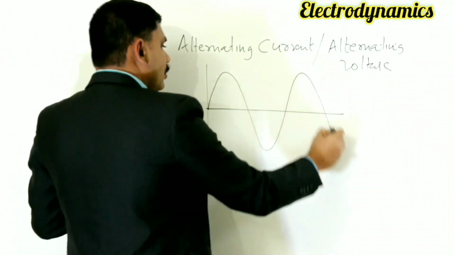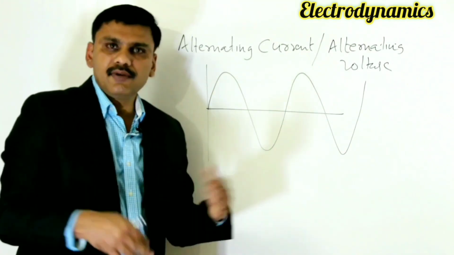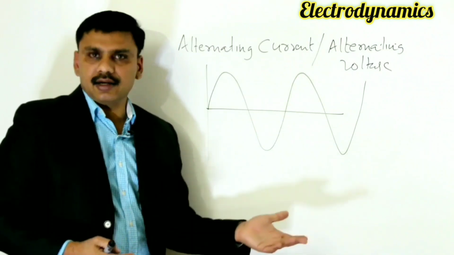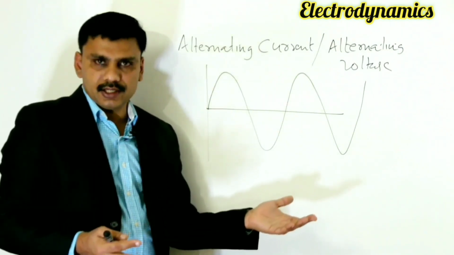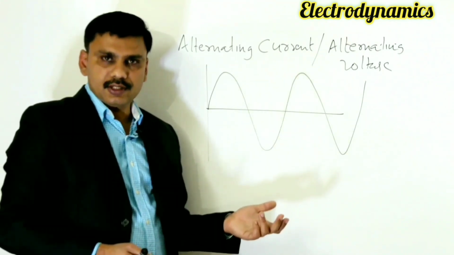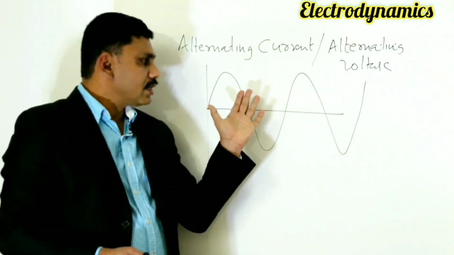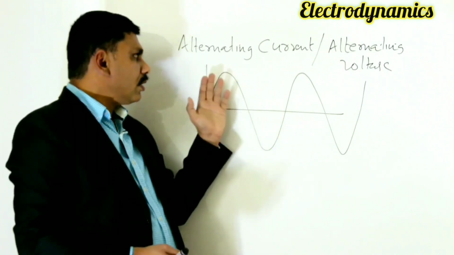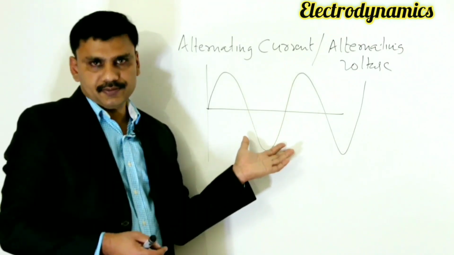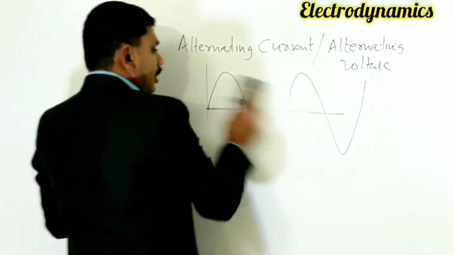In some questions, they will ask you to draw a graphical representation of direct current or direct voltage, or alternating current or alternating voltage. Direct current and direct voltage you can represent as I told you. Then alternating current or alternating voltage you can represent this way. From an AC generator you are getting alternating current.